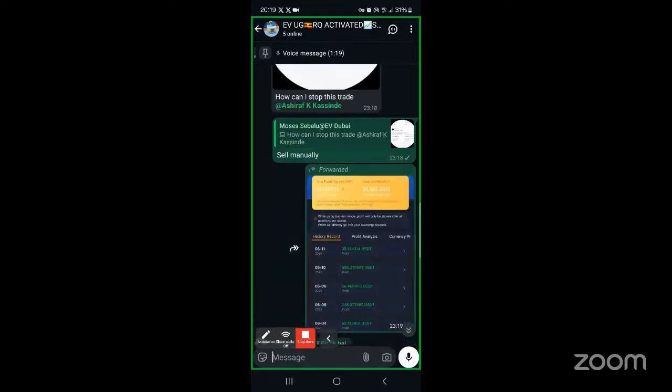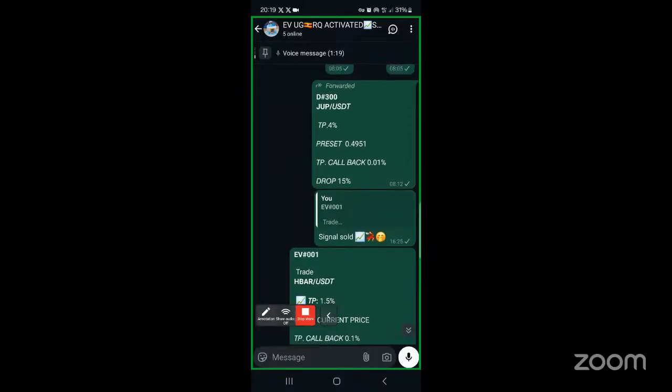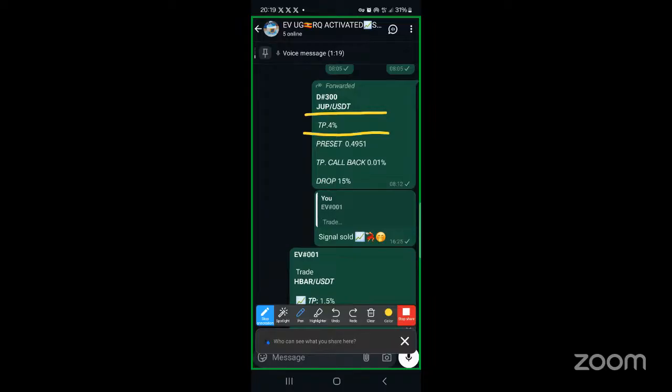Some signals may look different. For example, this one is different. There is a name. There is a take profit. Here, instead of current price, they are telling us to put what we call a preset price. Then we have the take profit callback and the percentage drop, or the margin call drop in total.